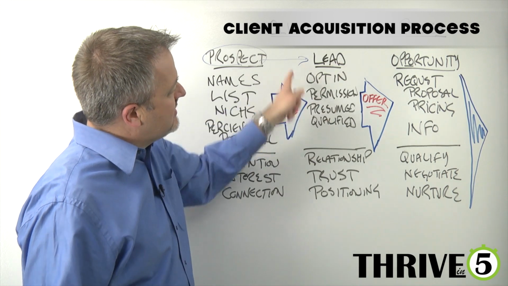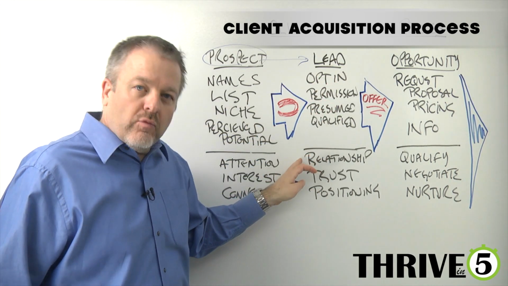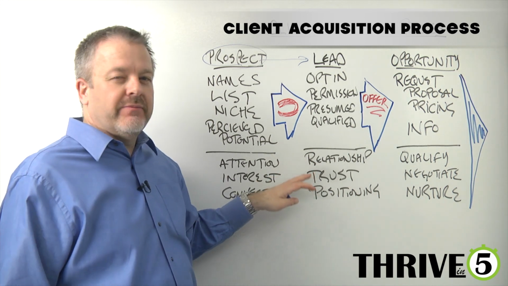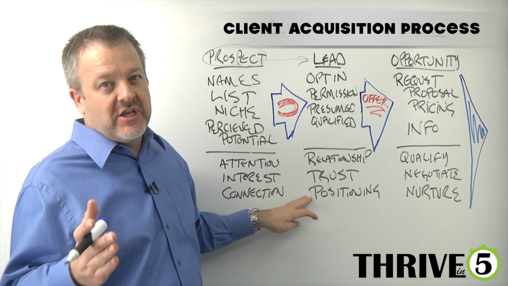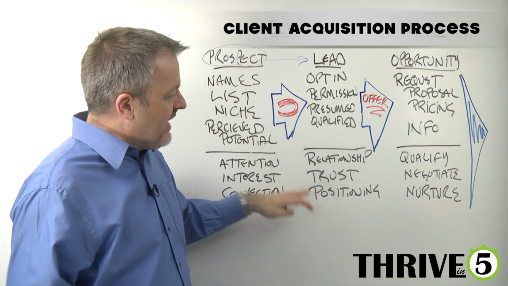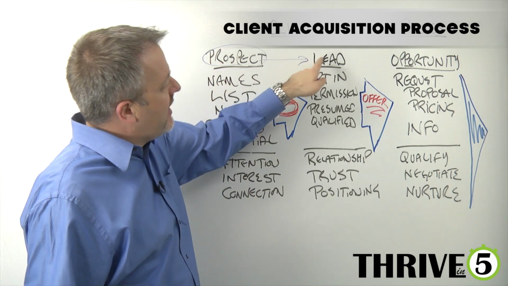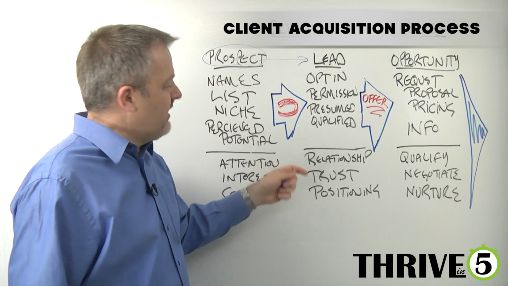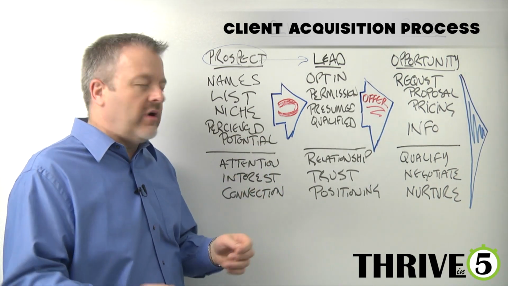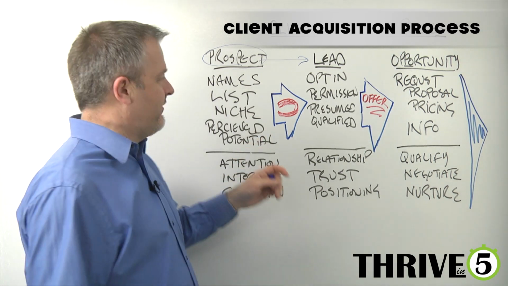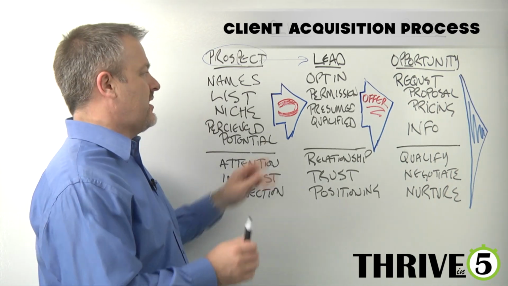Once they come over into this list and they've opted in, they've given you permission, your role is to build relationship, to establish trust, to ensure that you are positioning yourself appropriately to get them to move to the next stage. So you move a prospect into a lead based on a lead magnet. That can be something simple like a report. It could be a webinar. It could be a live event. It could be any number of things that get people to raise their hand and say, yes, I'm interested.